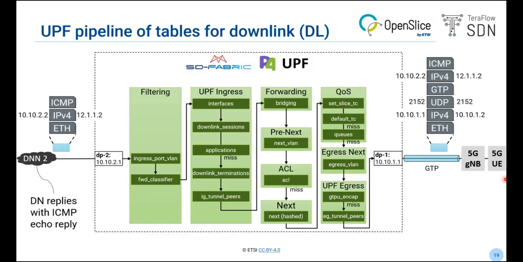So it's a complex pipeline, and as you understand, we don't expect the user to know how to program all these tables at the P4 level. This is why we use TFS, and this is why we use OpenSlice on top to really abstract all these details.